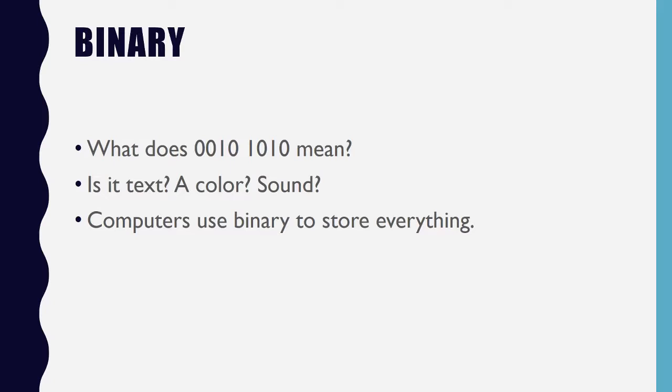Is it color? Is it sound? All of these things are stored as binary. If we say it's an integer, you'll be able to recover its number 42, but without a standardized way to decipher this, that binary string might as well not be there because we'll never get the information out of it. I'm going to have a whole other video about binary, so right now I'm just telling you why there's two of them, not really how we're using binary to get two of them.